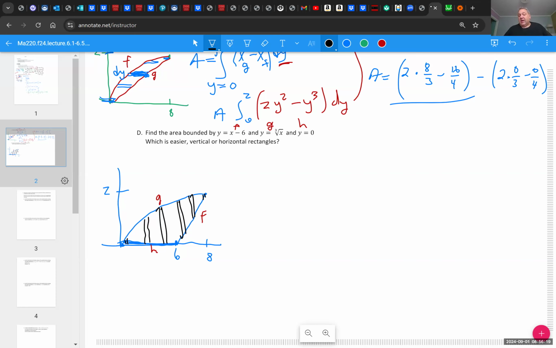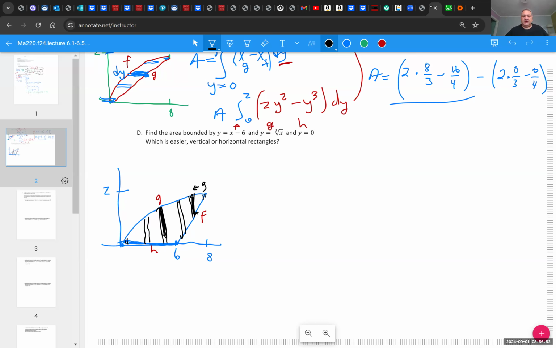Now, some of you actually may have noticed something. These rectangles here on the right, they go between the G function and the F function. For example, this one right here goes from here, which is a G function, to here, which is an F function. So to find the height of that rectangle, I would do G minus F. But we said over here, for the rectangle I drew originally, that would be G minus H. So this problem is more difficult with a vertical slice because it changes.